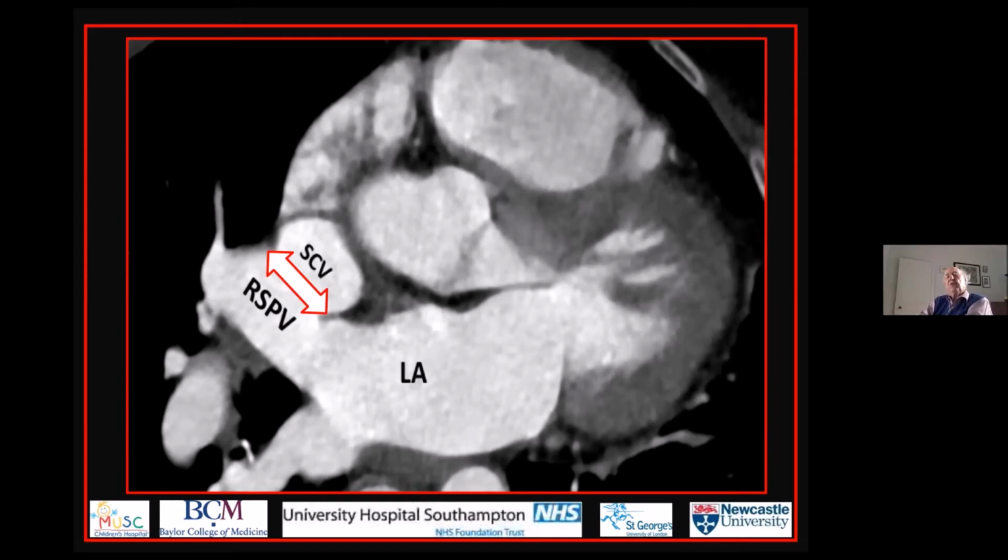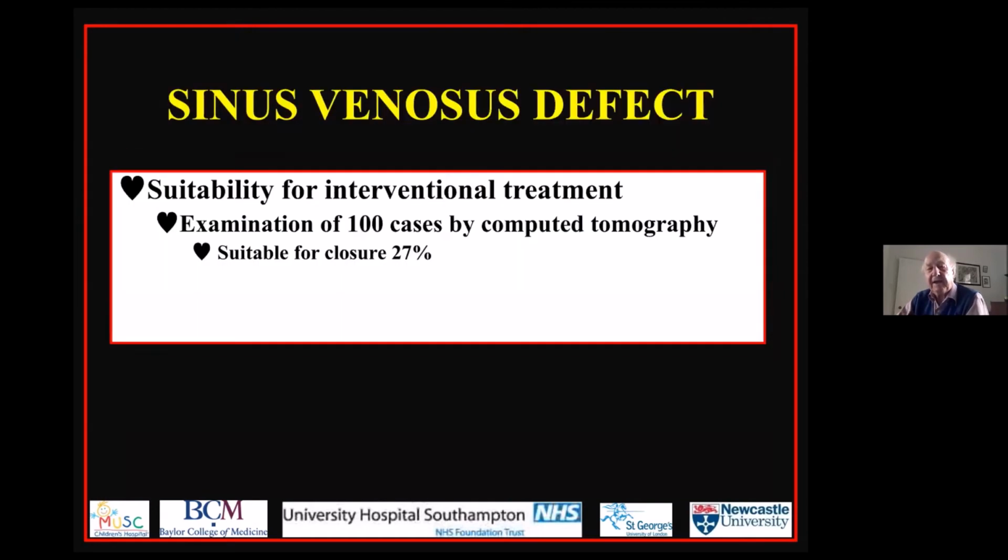So those of you who are closing these interventionally will be putting covered stents into the superior caval vein. And when you have no overriding of the superior caval vein, that is a perfect way of obliterating these anomalous connections between the pulmonary veins and the superior caval vein, but as I say, with those pulmonary veins retaining their left atrial connection.